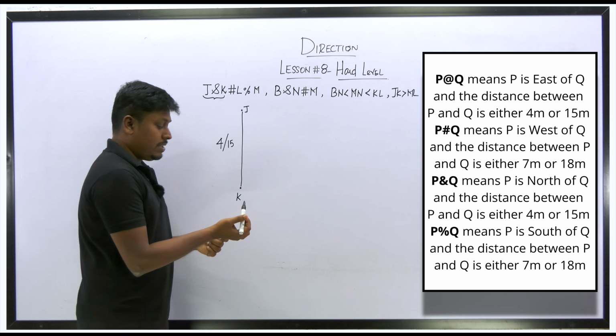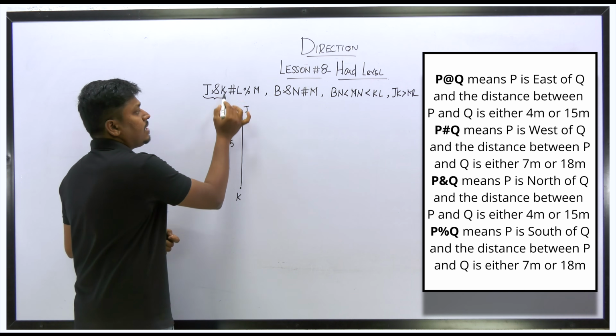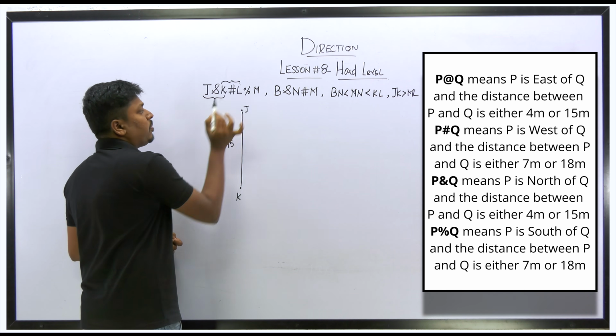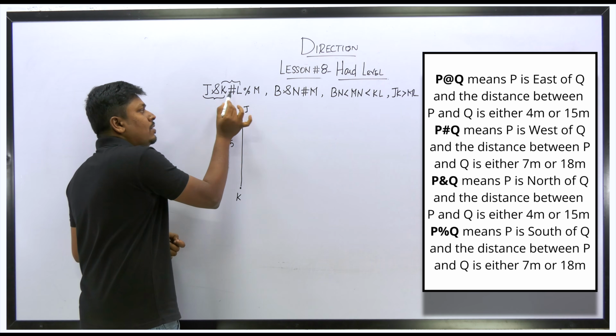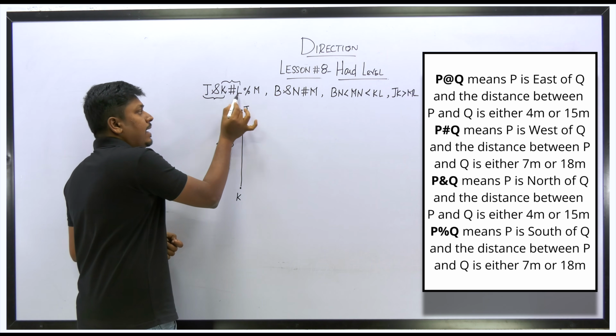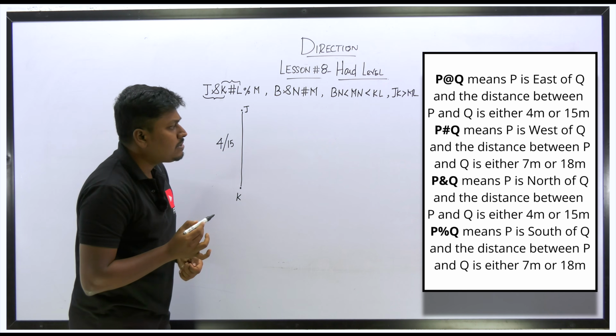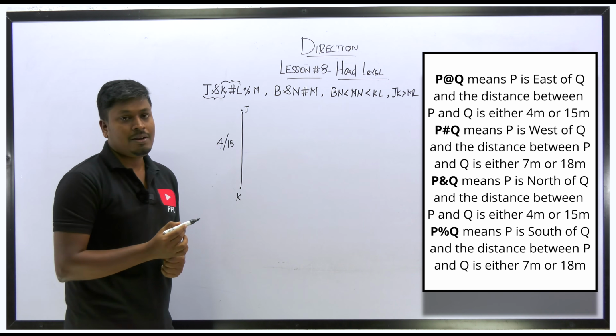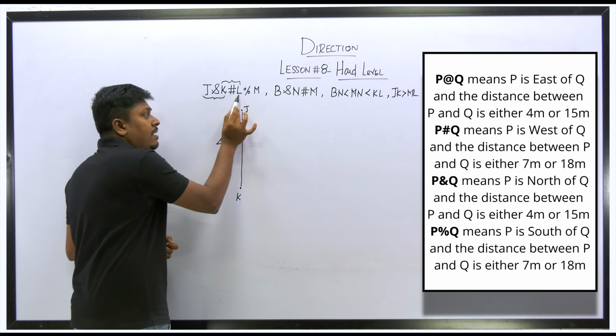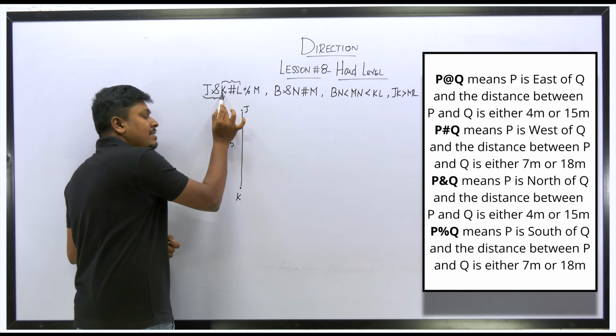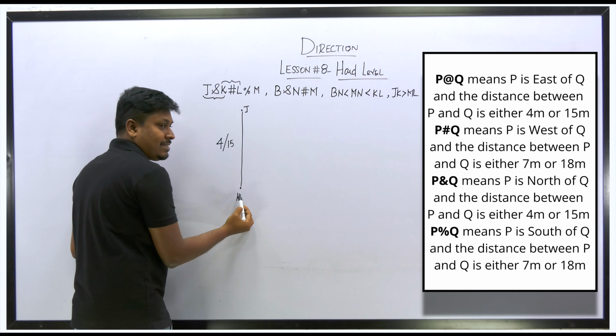Okay, so let me move on to the second point where K asterisk L, right? We have to consider all the symbols, got it? So next K and L. When you take K and L, if it is an asterisk symbol, what does it mean? It is western side, 7 meter or 18 meter. That means L western side will be K. Already we have placed K here.